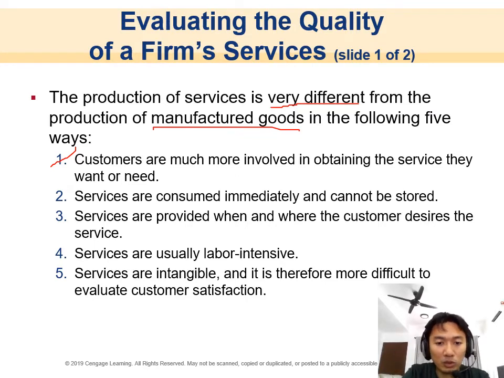Number two, services are consumed almost immediately and they cannot be stored. For example, if you cut your hair, you have to consume it immediately, you are more involved, and we cannot store a haircut. The third one, services are provided when and where the customers want the service, instead of goods.